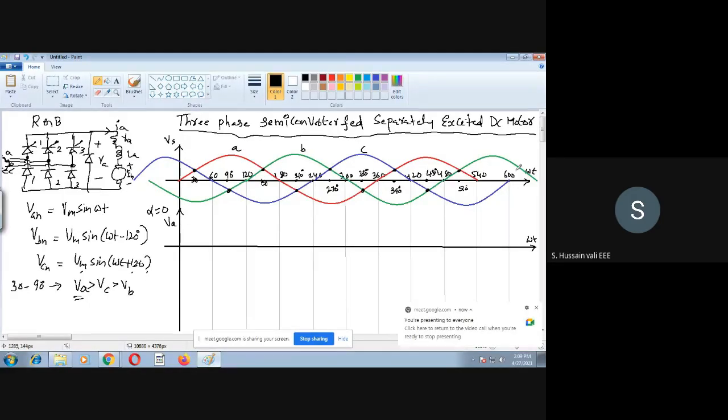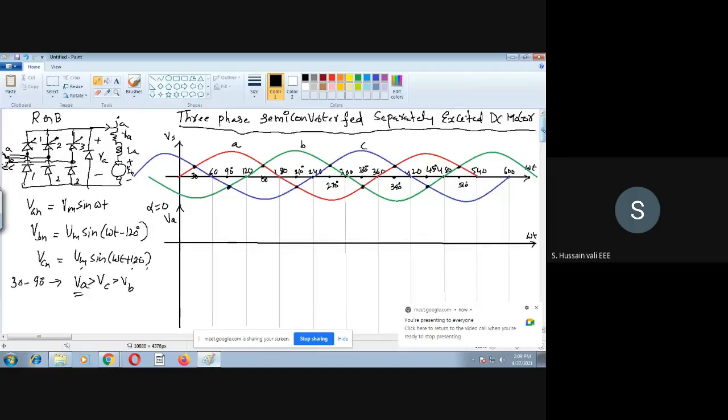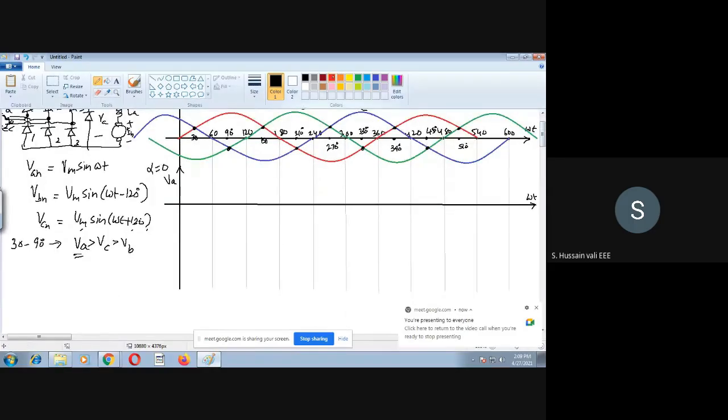See here, I will write better for this case. So in this situation, let T1 be on. T1 is on, this means you can turn on T1. Why is it so? Because VA is the highest one.